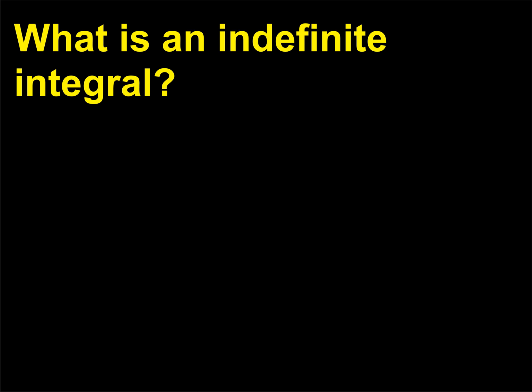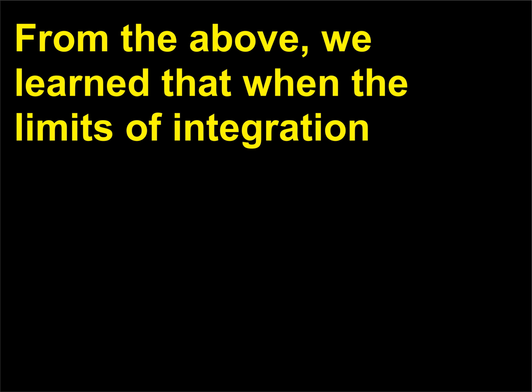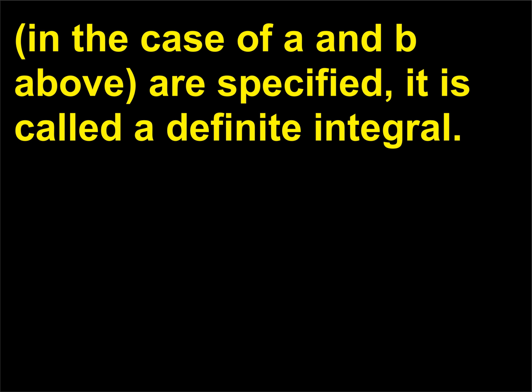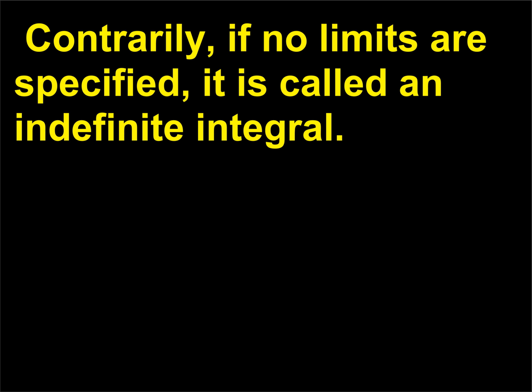What is an indefinite integral? From the above, we learned that when the limits of integration in the case of a and b above are specified, it is called a definite integral. Contrarily, if no limits are specified, it is called an indefinite integral.